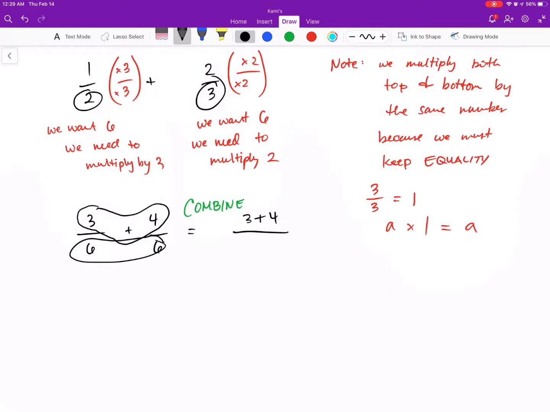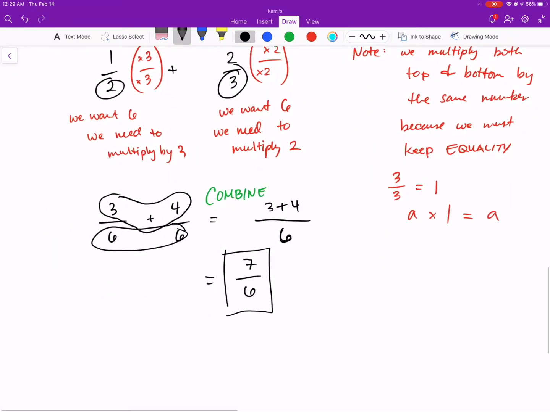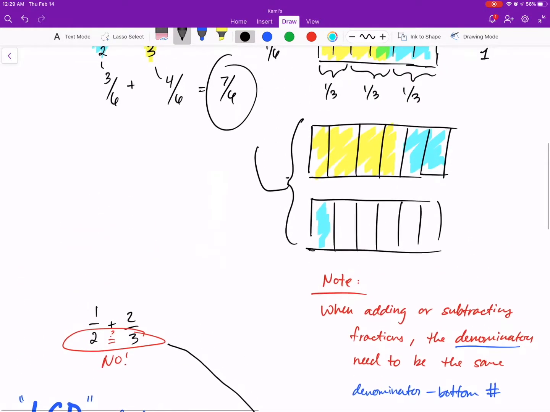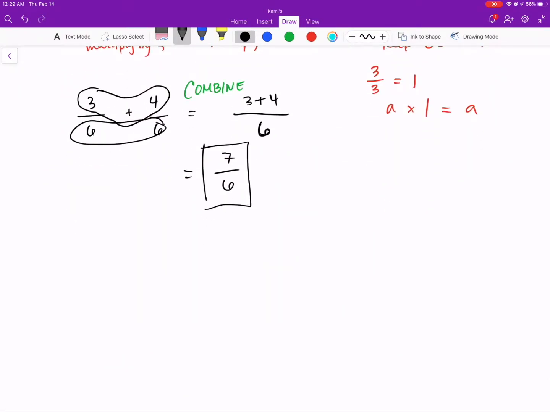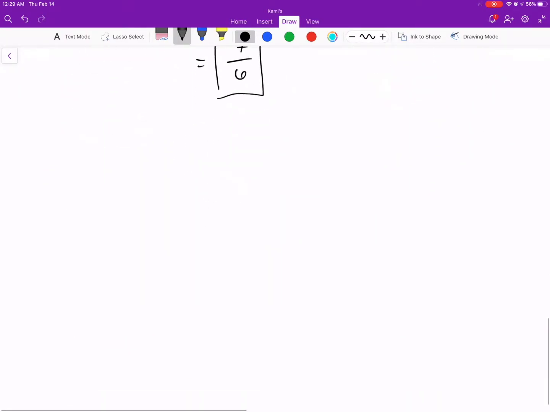So these become 3 plus 4 over 6. Now, this is just simple math, because 3 plus 4 is 7 over 6. Okay, that's our first answer. And does it match? Let's check. We can see that 7 over 6 is correct, because we have 1, 2, 3, 4, 5, 6, 7 one-sixth pieces. So it makes sense.